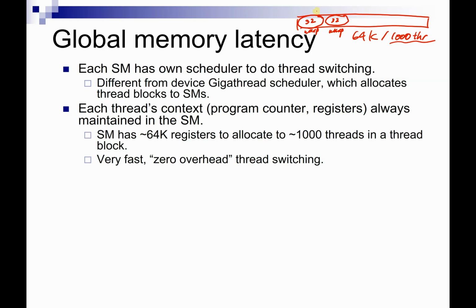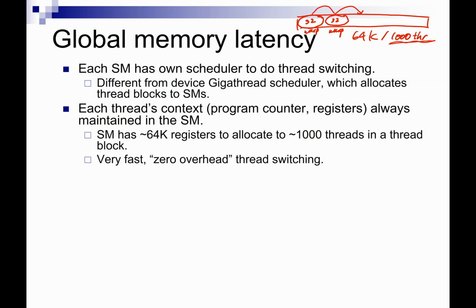Now the SM scheduler is going to keep switching between warps, and these warps have been pre-allocated their registers. This is something we said last time: when this block of 1,000 threads was allocated to this SM, all of the registers that this block needs were pre-allocated to the block. So all of these warps have their own dedicated registers.